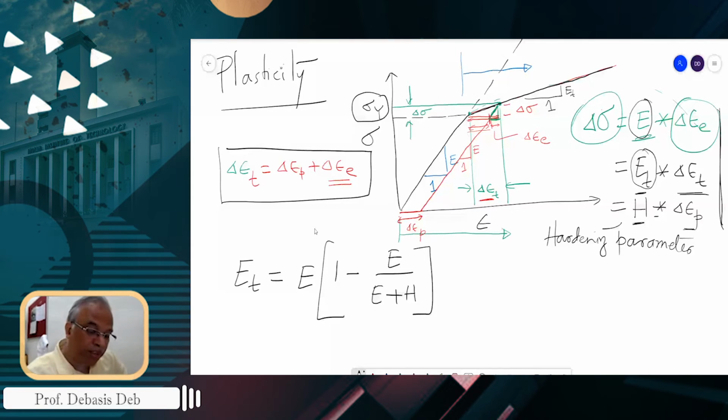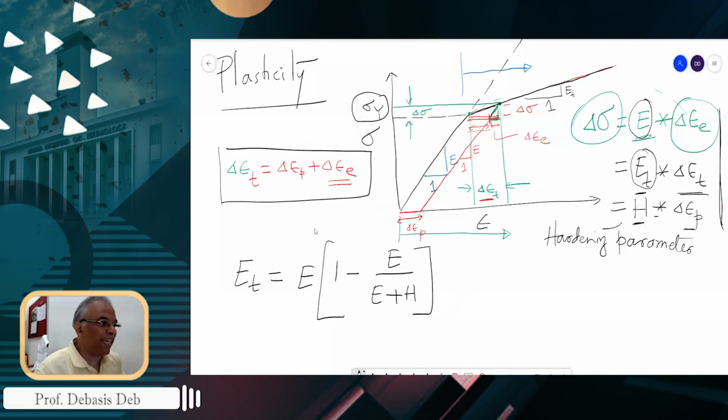So what you have to do, you have to somehow omit all these strains, and once you remove those strains from these equations, you will get a single equation relating ET equals E into 1 minus E by E plus H. Okay, this I want you to do at home. It's very easy, or it is given in the book also. You can see that later on.